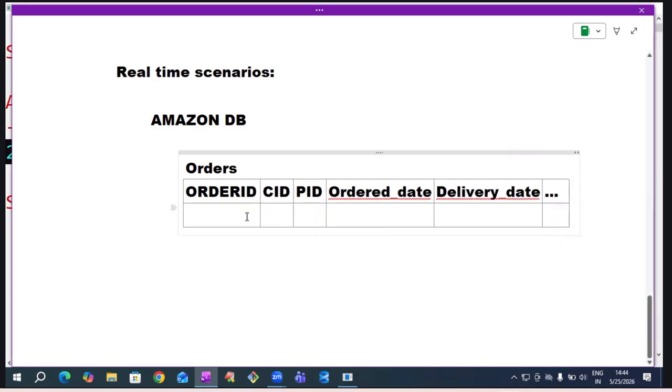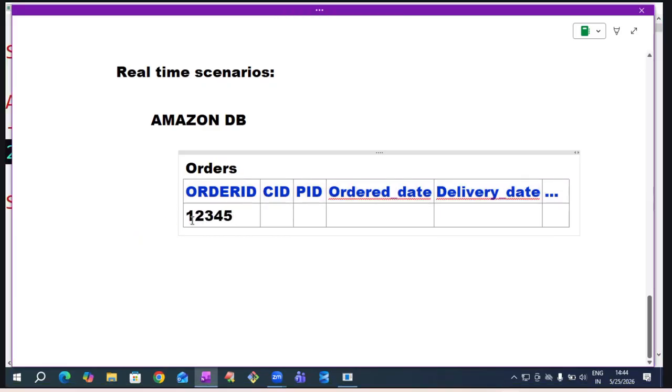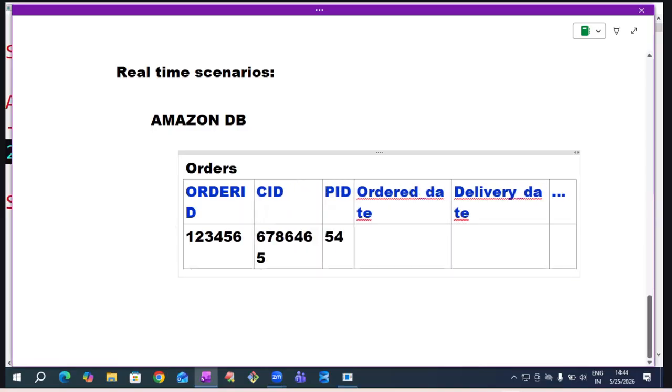So when you are placing order in Amazon, one new order will be generated that will be inserted into orders table. So automatically order ID will be generated. Your customer ID will be stored here. And that product ID will be stored here.